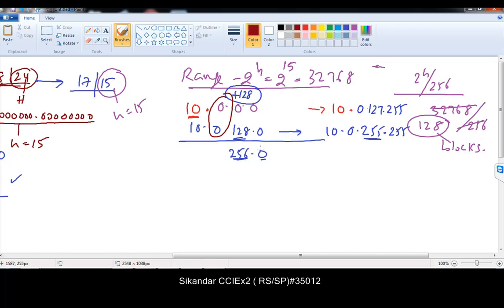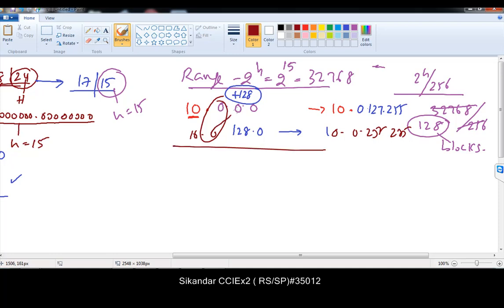Let me come down to this example one more time. The next range will be 10.0.255.255, and once you finish this portion, we have to write the same again with 10.1.0.0, and 10.1.128.0 is the next network.